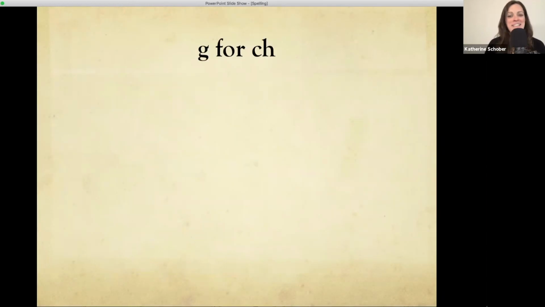G for CH is something, this is both old-fashioned and appears in people's letters who may not have been very educated. If any of you have ancestors, Germans from Russia, for example, not trying to insult anybody's ancestors, but the Germans from Russia as a whole did not have as much formal education, at least based on their writing, and their spelling was very, very, very creative.